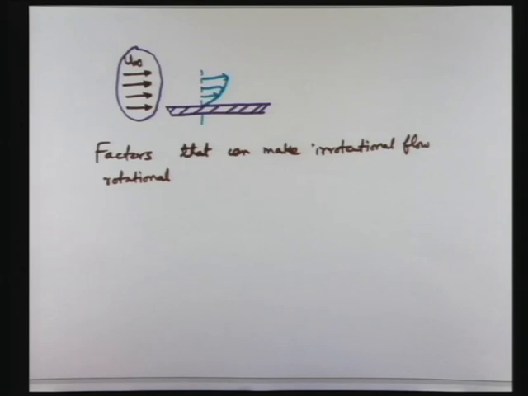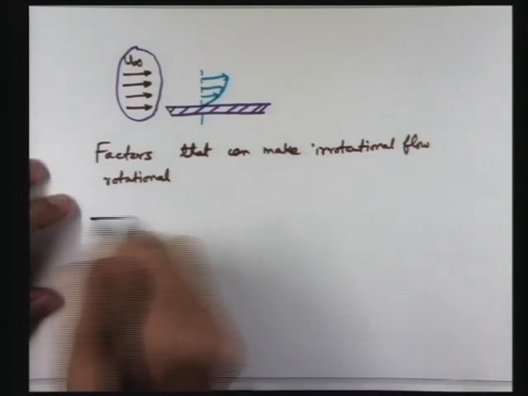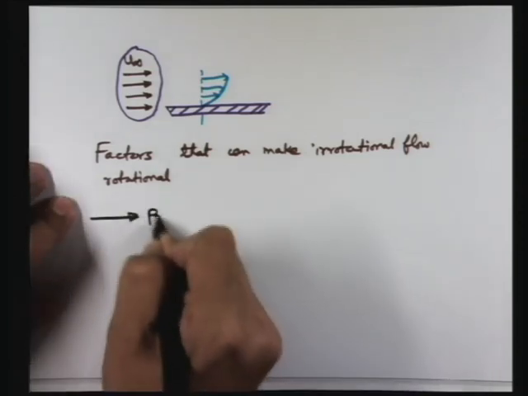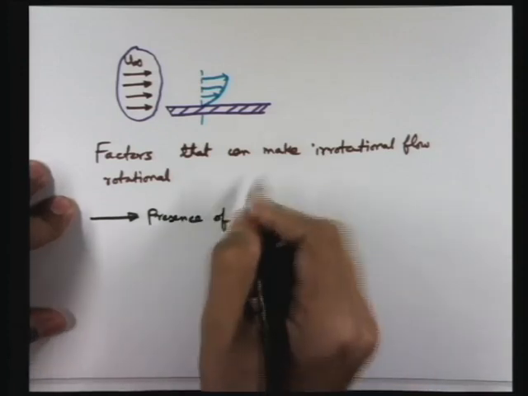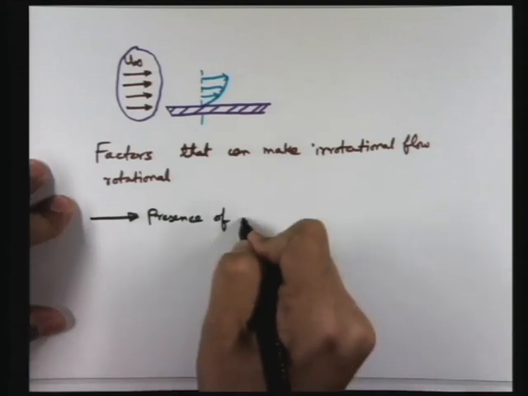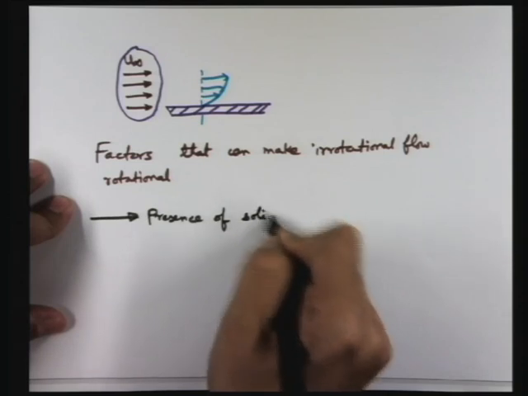Because of lack of time, we cannot discuss all of these factors, but it is important because they prevail in nature very commonly. It is very common that originally irrotational flows become rotational. So first, the presence of a solid boundary.